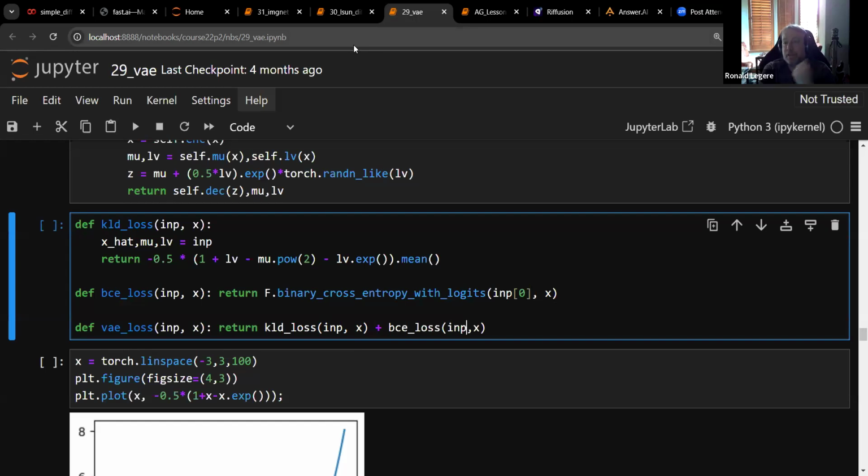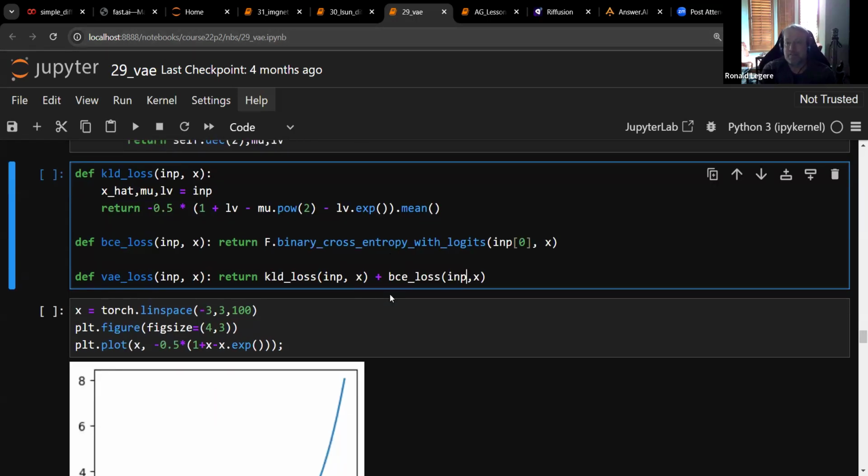It's KLD loss between the posterior. It's a Bayesian question, right? It's the posterior distribution of those parameters, and we have this Gaussian approximation, and the unit normal there is actually the prior. And so if you work through all the math, the KL divergence between the approximate posterior, which is the normals and the latents, versus the true posterior, you get both those terms out of the KL divergence.